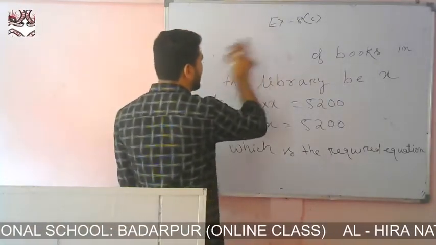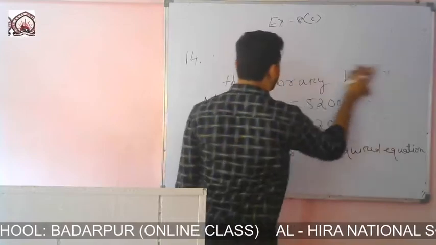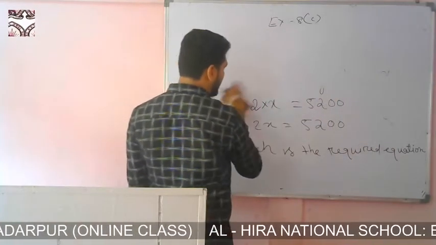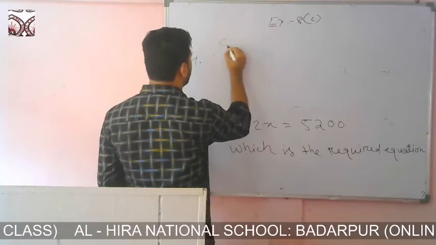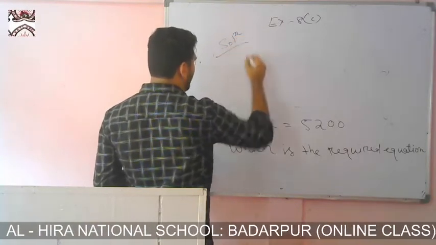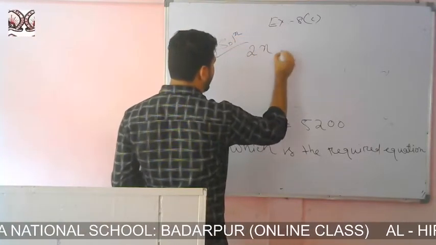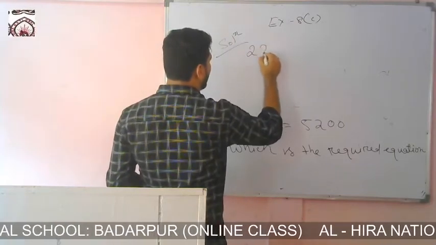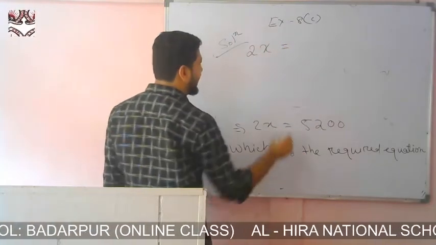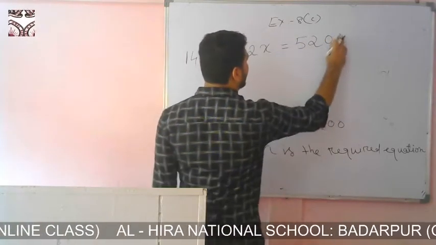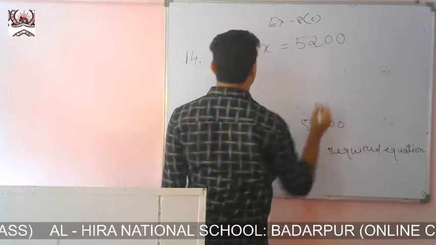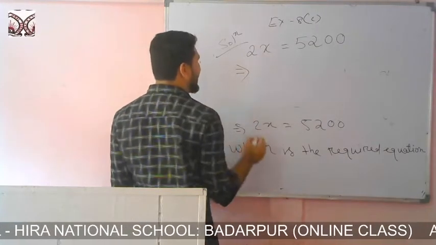Okay, write solution. Now you write solution here. Twice x equals 5200. Okay, 5200.